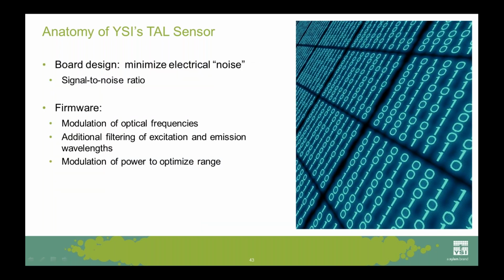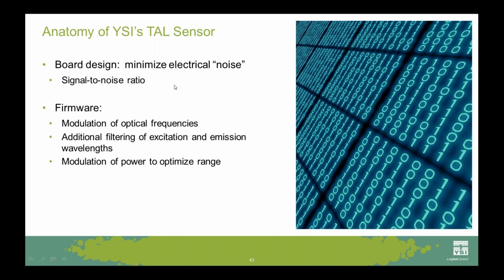Now, specificity is further optimized through firmware, which is a fancy word for the software that resides within the sensor. Modulation of optical frequencies means that the sensor has software which enables it to reject noise and out of band frequencies so that the sensors don't interfere with one another when they're sitting on that EXO sonde.